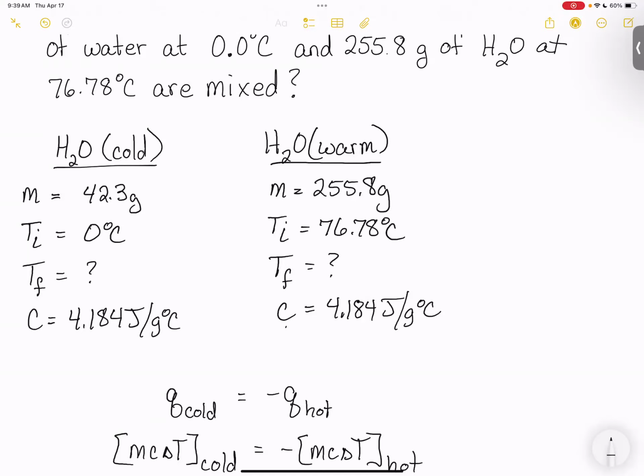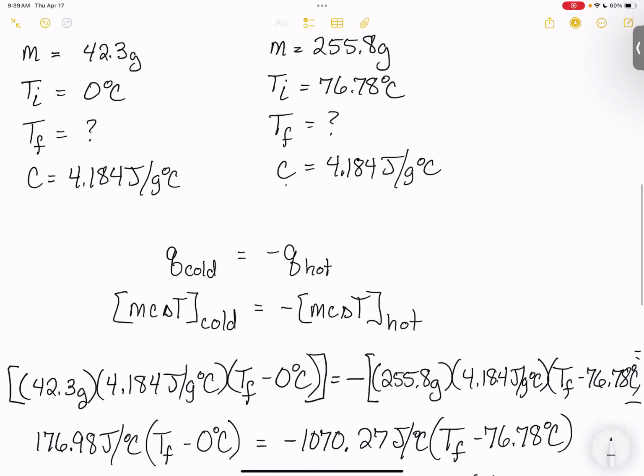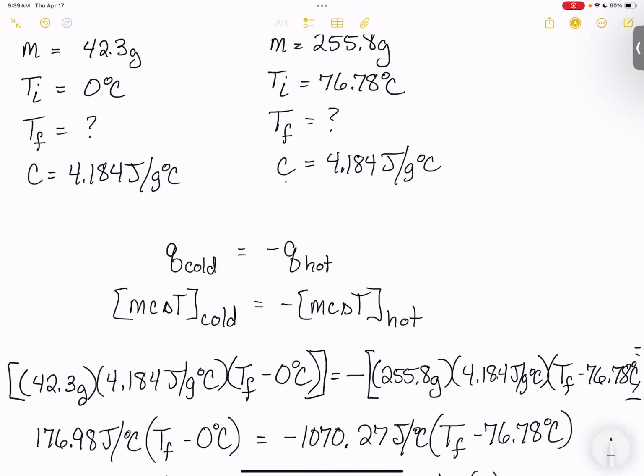And what I noticed is I basically had MCΔT for cold water and MCΔT for hot water, meaning I'm dealing with a heat transfer problem. And anytime you're dealing with a heat transfer problem, the heat of the reaction is equal to negative heat of the surroundings. It doesn't matter who you pick as reaction and who you pick as surroundings, technically, as long as the Q's are opposite in sign.